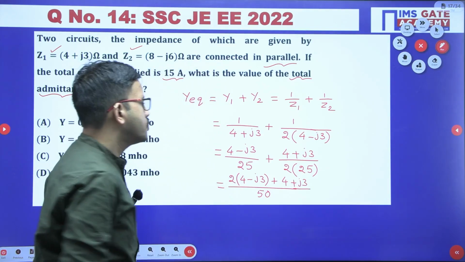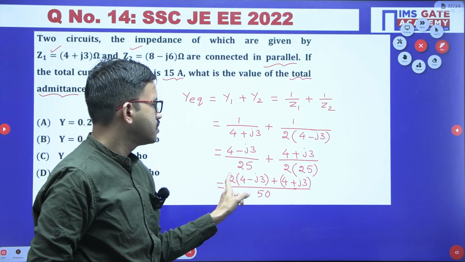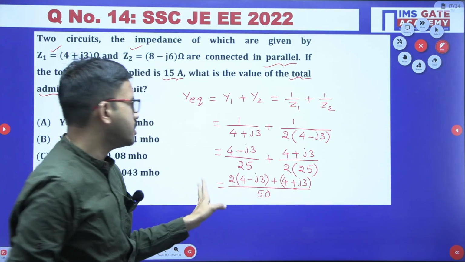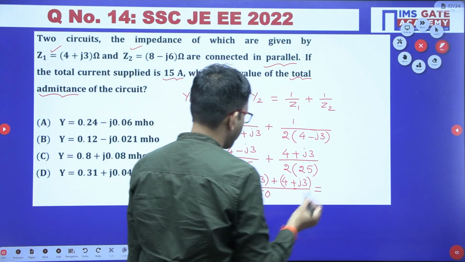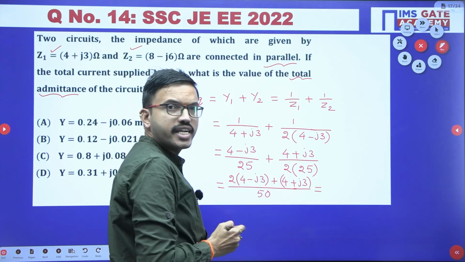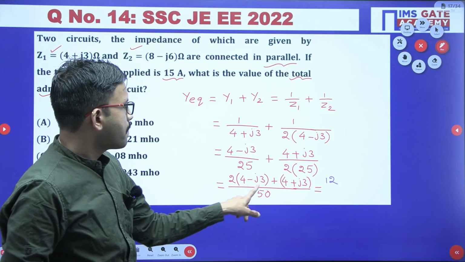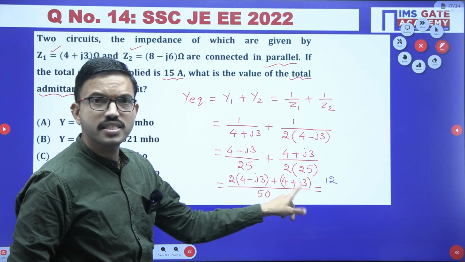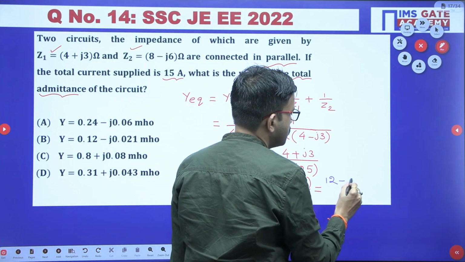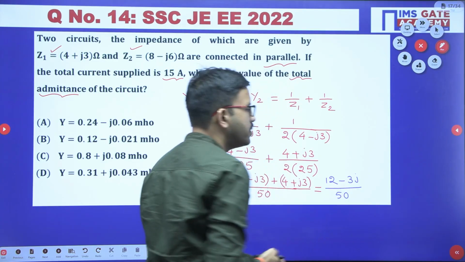Here you have a real term and an imaginary term, so you can do the simplification easily. 2 4s are 8 plus 4, that is 12. Then minus 6j plus 3j, that means minus 3j, divided by 50.